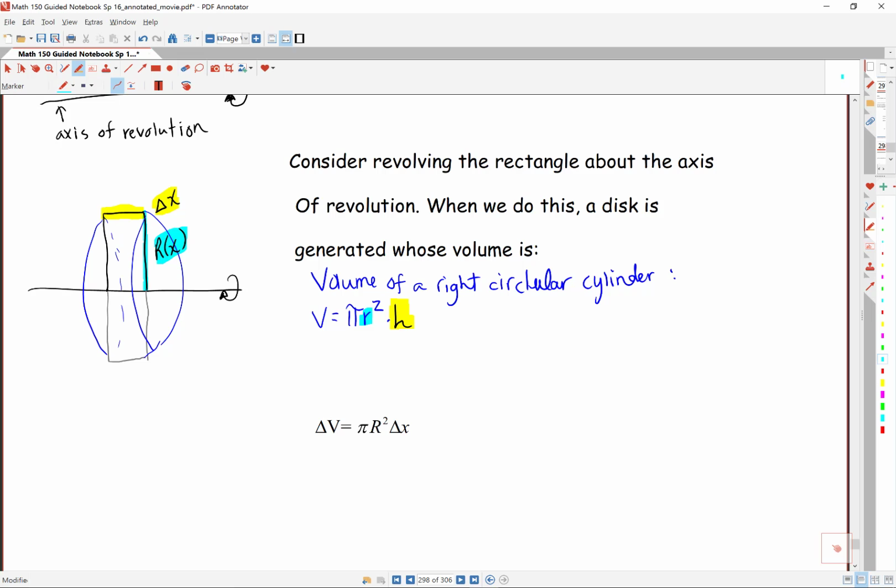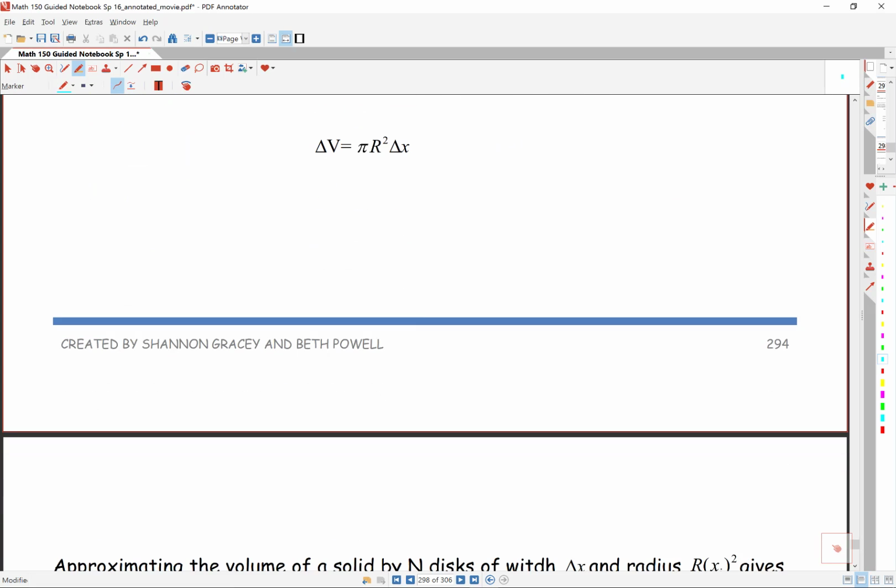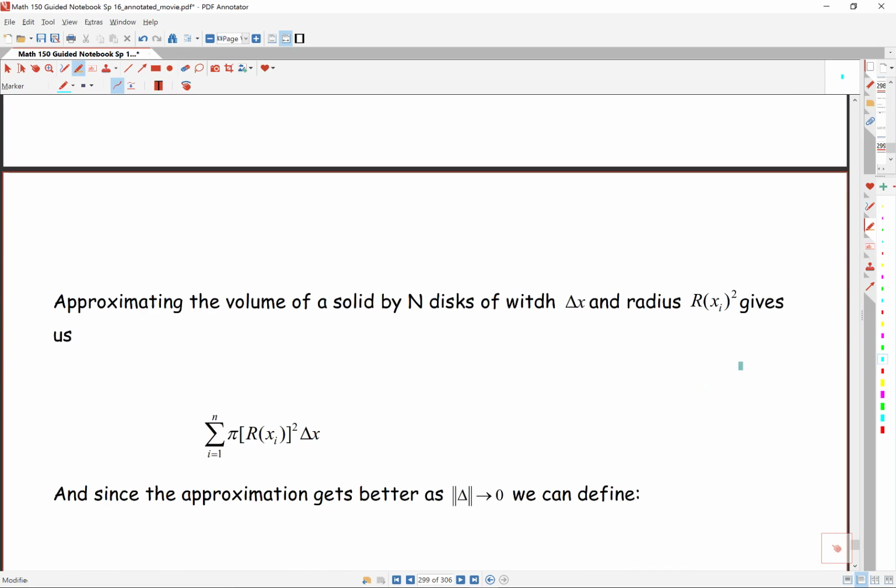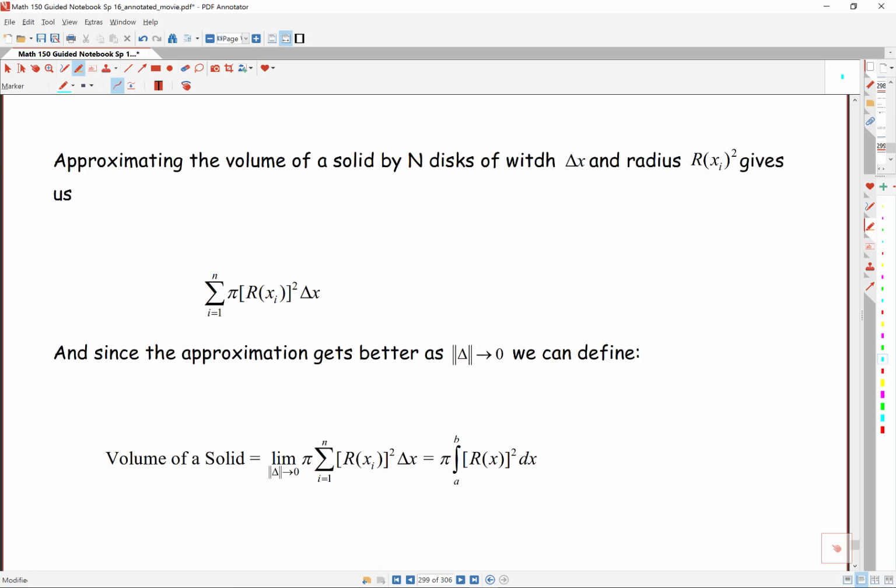And if you think about approximating the volume of a solid using, this should be lowercase, sorry, using n discs of width delta x and radius r at xi squared, it gives us this summation.